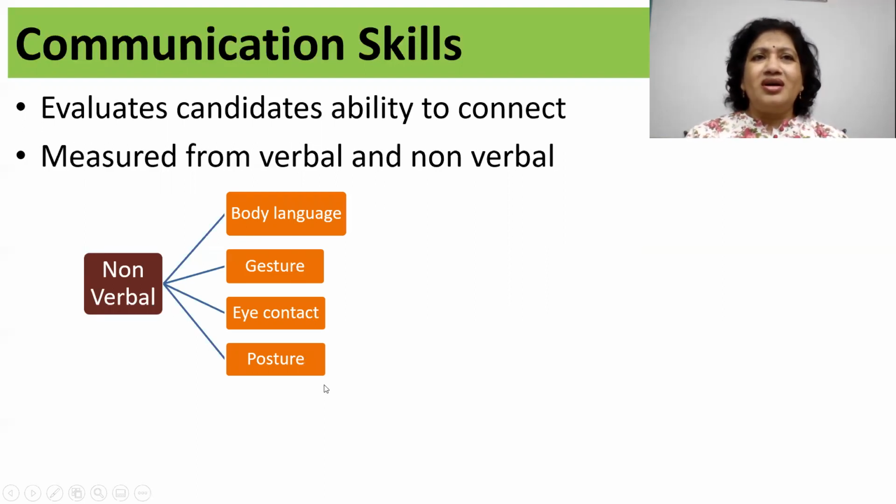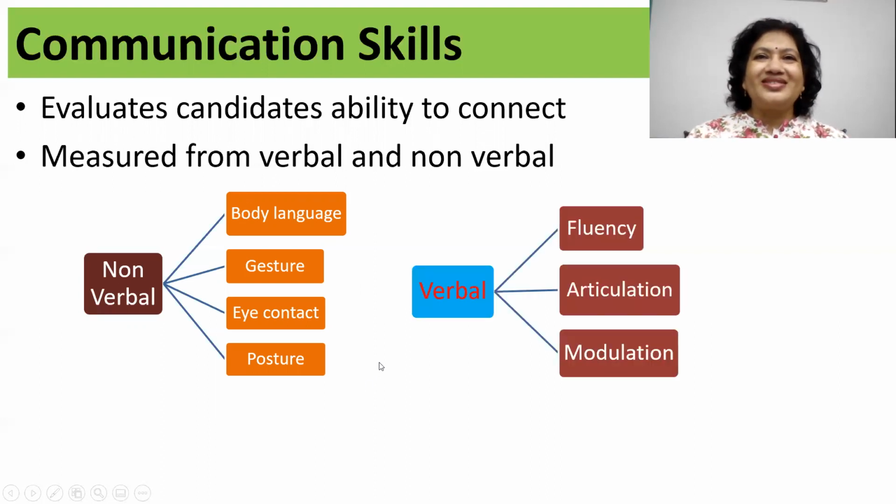And I'm sure you have done this. I'm recording this video after covering chapter 4. So now I can say that we have covered this, the body language, gesture, eye contact, and posture. It has come back again, haunting you. The next one is verbal.